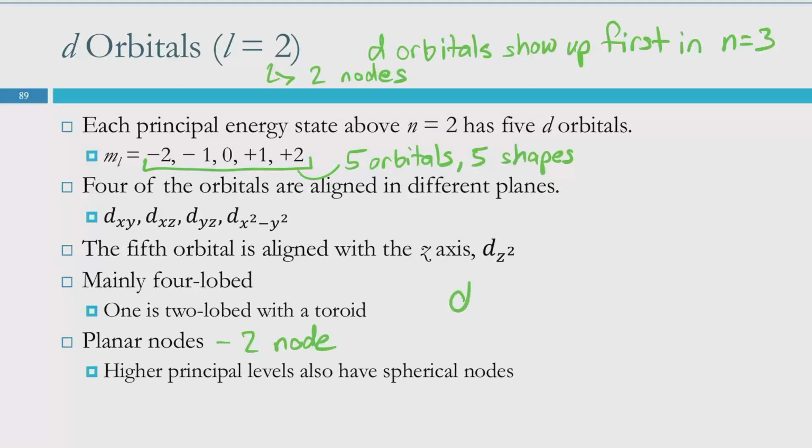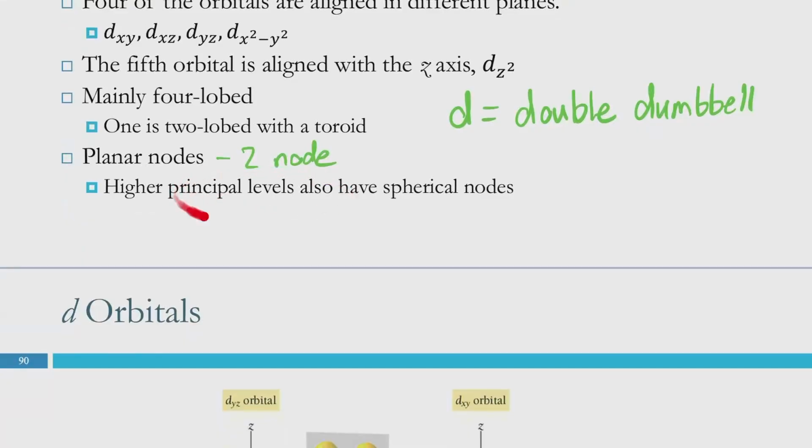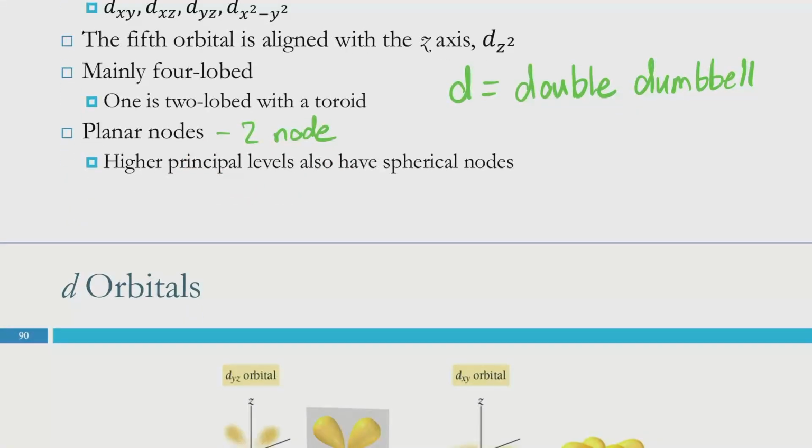For D, I think of this as double dumbbell, which is also why I say that the p orbitals are a single dumbbell. If you go to higher principal levels, for all of these, they're going to have extra nodes.